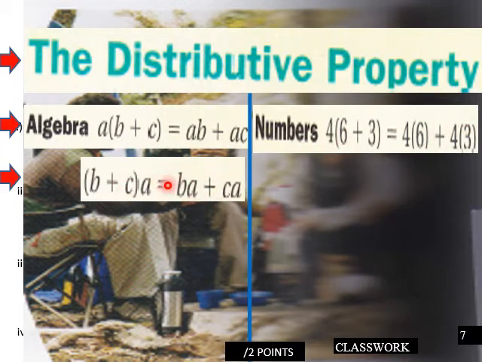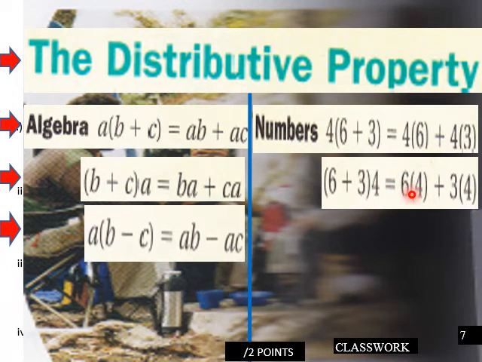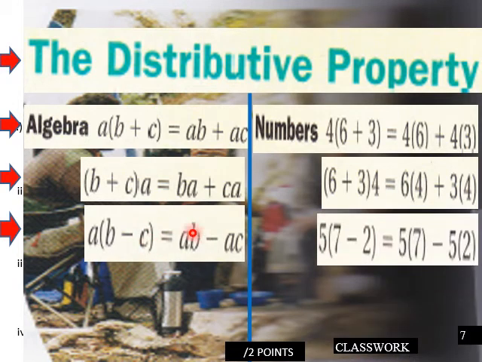Then here's another way of doing it, B plus C times A, and then we just have A times B and CA, or BA plus CA. Then this would be a numerical representation of that different kind of grouping. Then we have a difference here, and we multiply through the parentheses. Again, this is a numerical representation of this problem type.